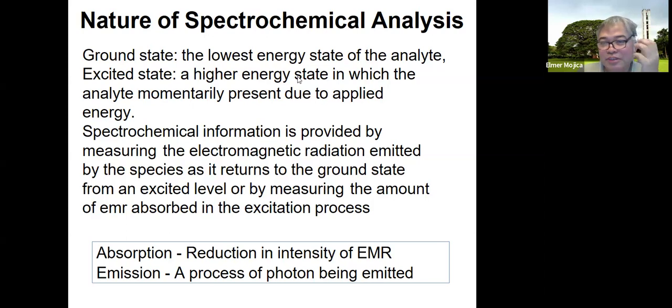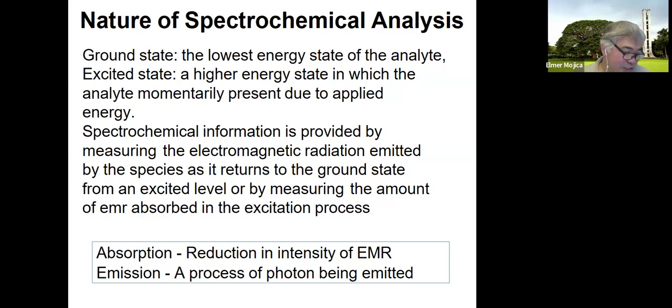So between the two, if you absorb energy, you go from the ground state to the excited state. Now, since the excited state is unstable, it will go back to the ground state. In some instances, for those molecules that emit radiation, we could say they undergo fluorescence or phosphorescence.